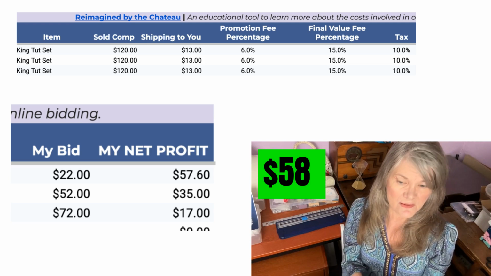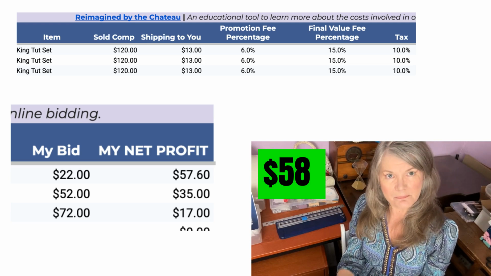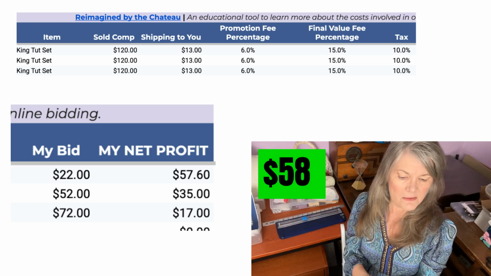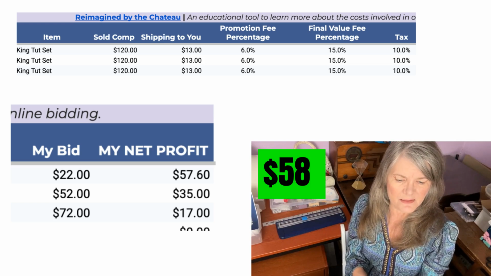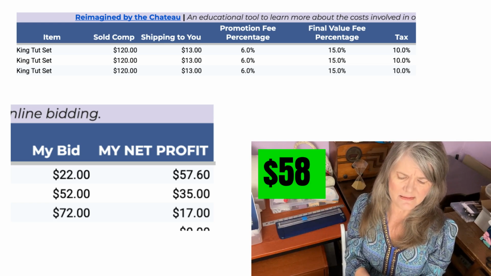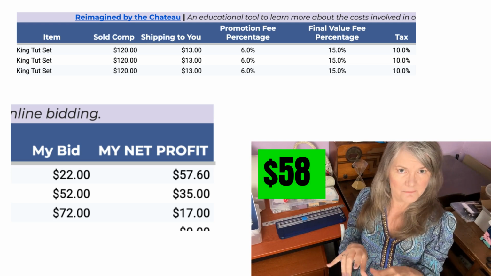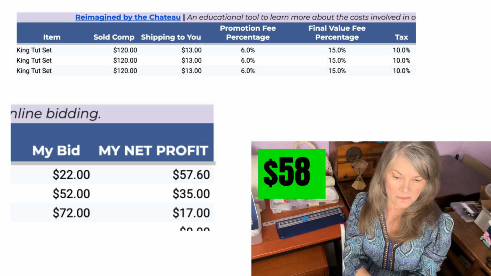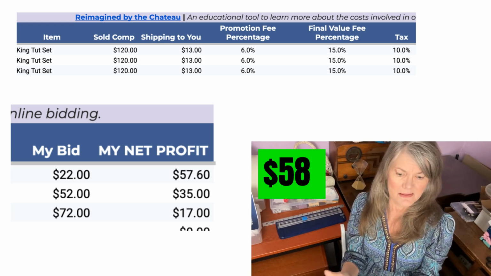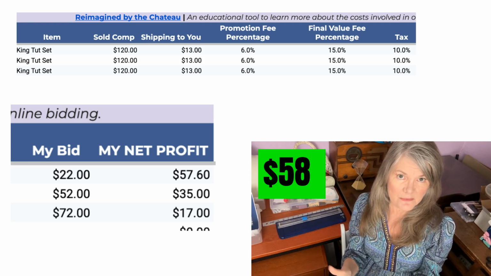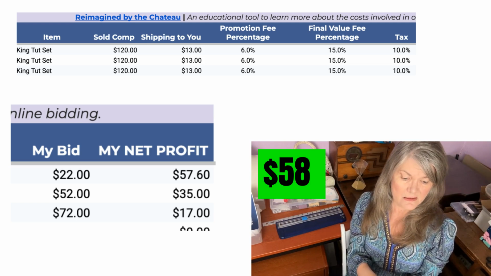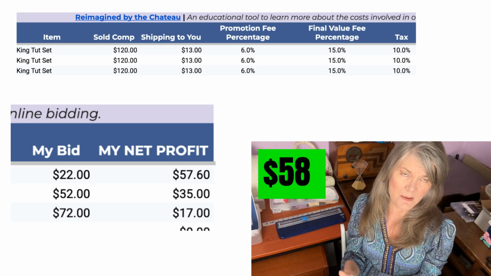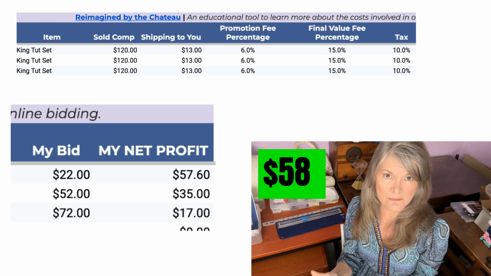So at that $22 minimum bid, what could my profit be? Let's take a look and see what my profit could be. How does that look? Is that the profit that I would like? Is this the profit that makes sense for me on my business model?